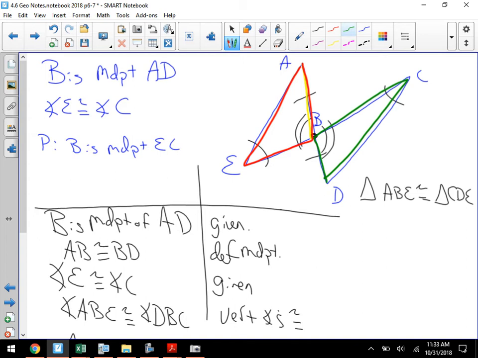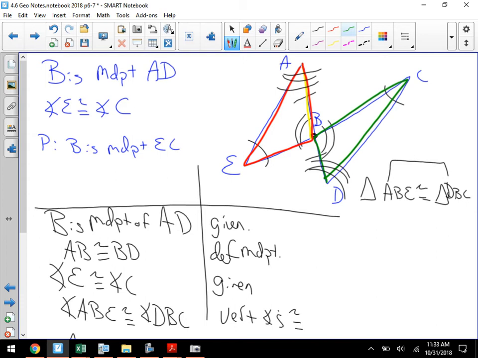We know that the letters match up because we've already said that E, it's not CDE, wait, I wrote that wrong, it's DBC, sorry about that. So see how angles A and D would have to match because they're first letters? So I could say that angle A and angle D have to be congruent because corresponding parts of congruent triangles are congruent.